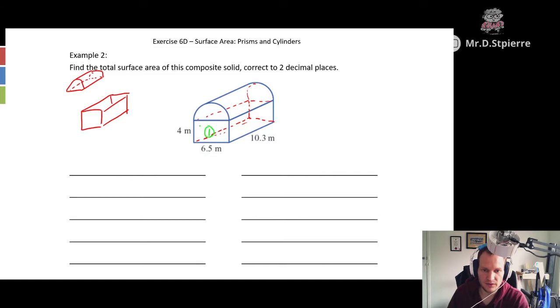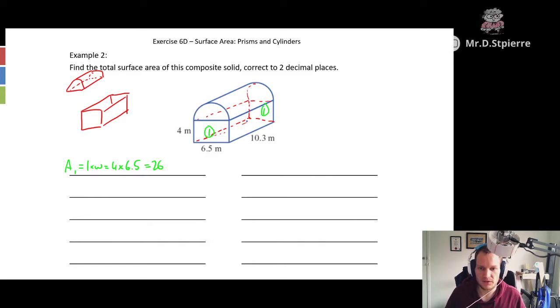We have this front face, which we'll call 1, which is also identical to the back side. So area of 1 is equal to length times width, which is 4 times 6.5, which is 26. 4 times 5, yes, 26.